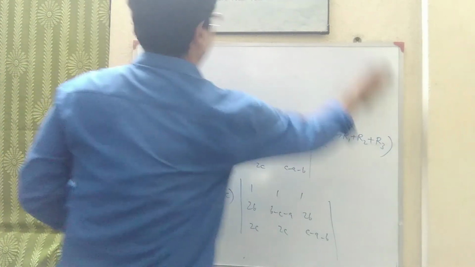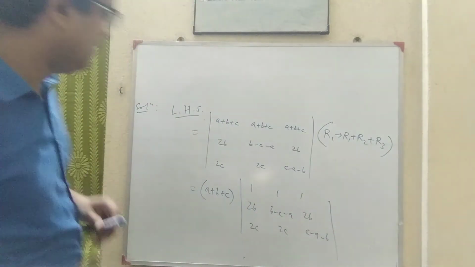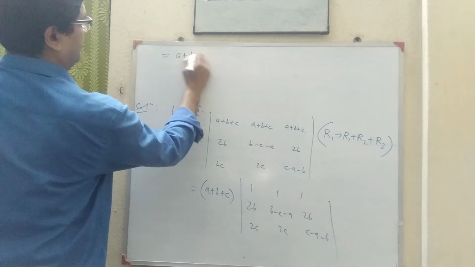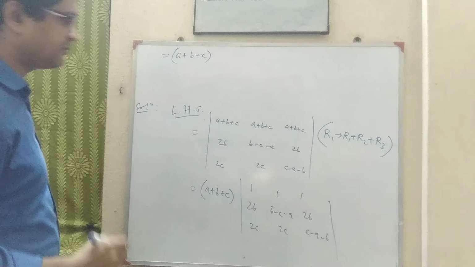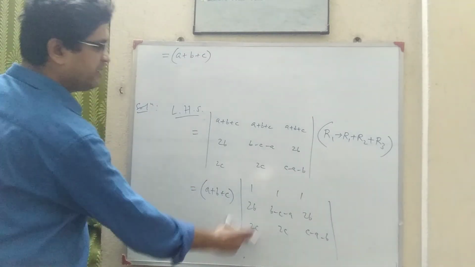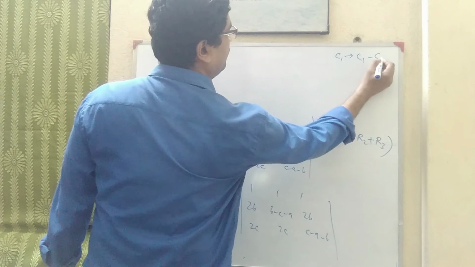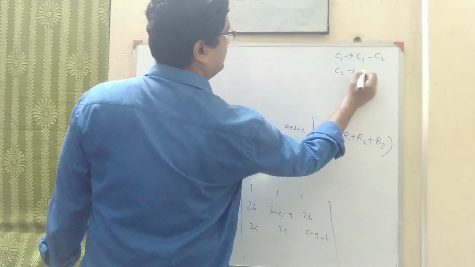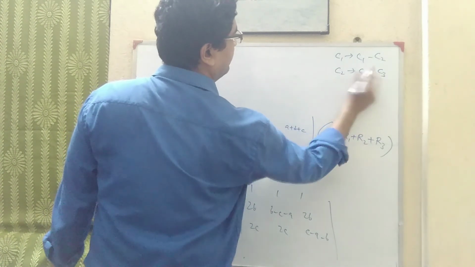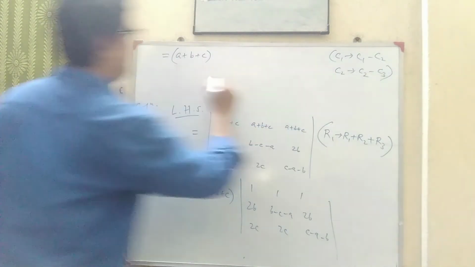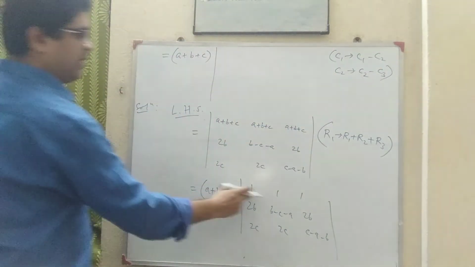So we have, after this, A plus B plus C. We apply C1 changes to C1 minus C2, and C2 changes to C2 minus C3. So giving these operations, we have 1 minus 1.